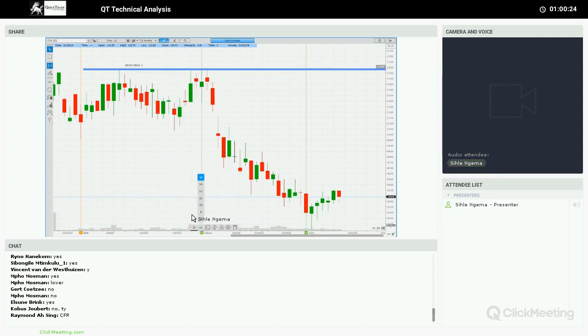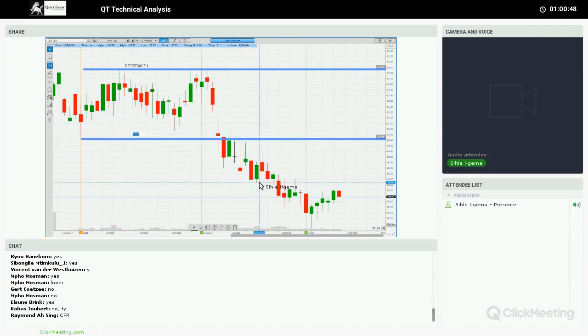Resistance 1 on the month of January. So this is the month of January, the beginning of the year. This is my resistance 1. Now my support 1, my support for the month of January, was this particular candle here. It was the lowest one. This is my support 1 for the month of January.